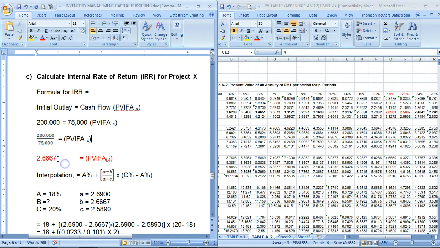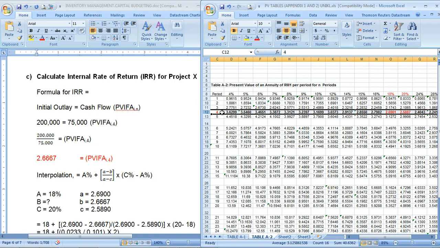Now the point is 2.667. Try to find in the table which one is 2.667. This is not it, this percent, no. Proceed. 2.69. We want 2.667.